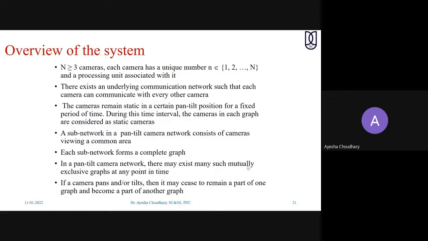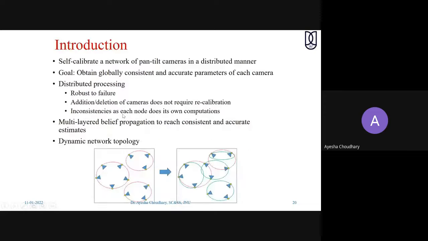So very basically what we take care of over here is that we assume that there's a communication network, right? That each camera has a unique ID and that the cameras will remain static for a certain time interval at least. So even if I'm changing the topology, after the change in the topology, the camera will stay in these positions for at least a certain time interval.